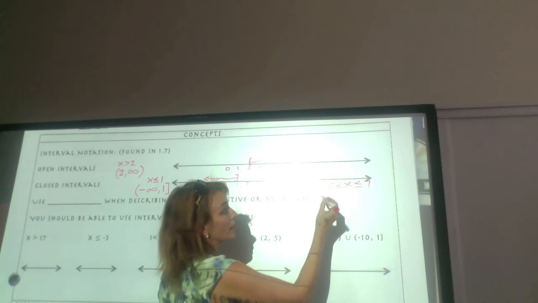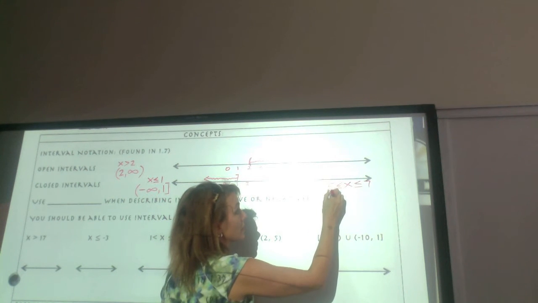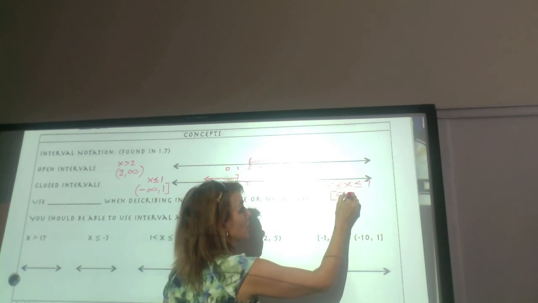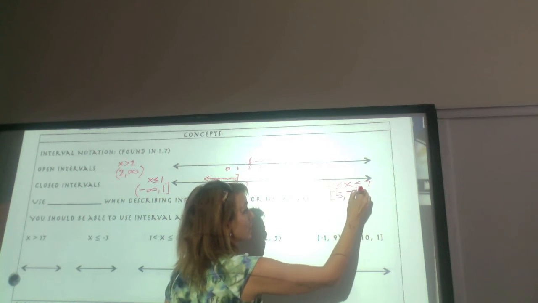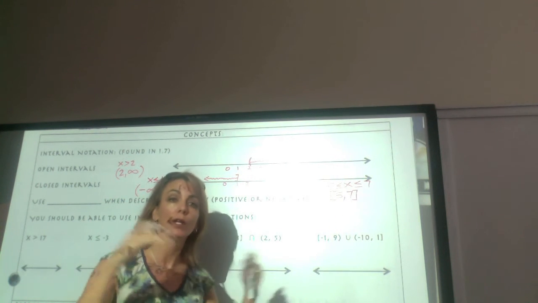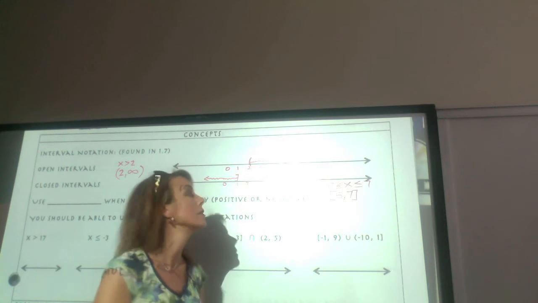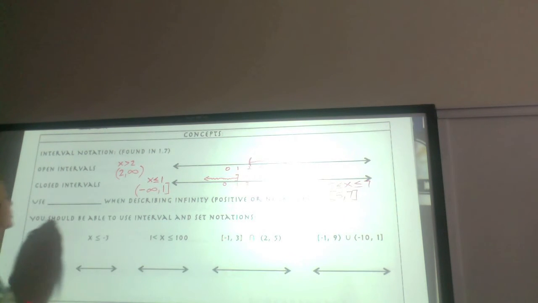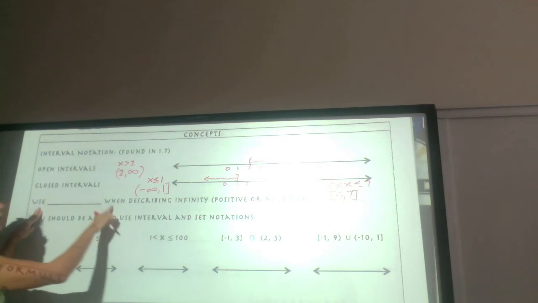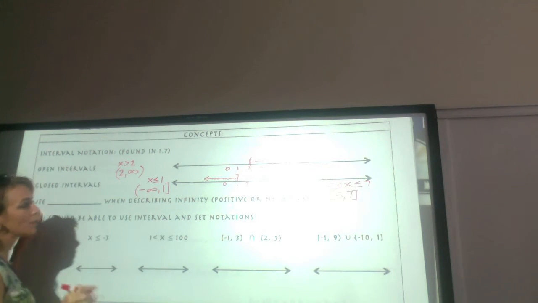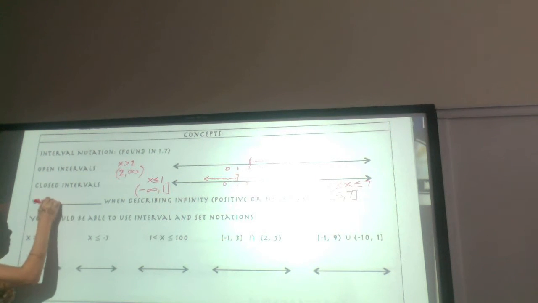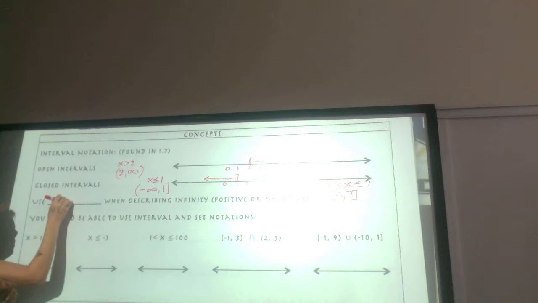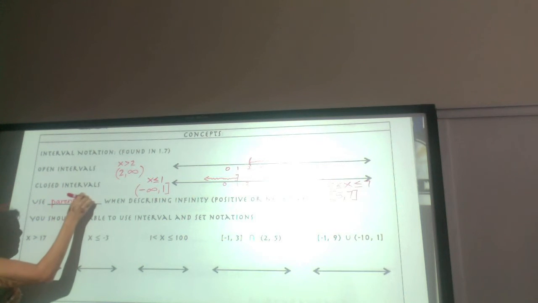And in interval notation, it's really easy. You just say the interval between 5 and 7 and use the square brackets to say we're including those endpoints. Okay, so what do we use when describing infinity, either positive or negative infinity? We're always using parentheses, or open intervals.